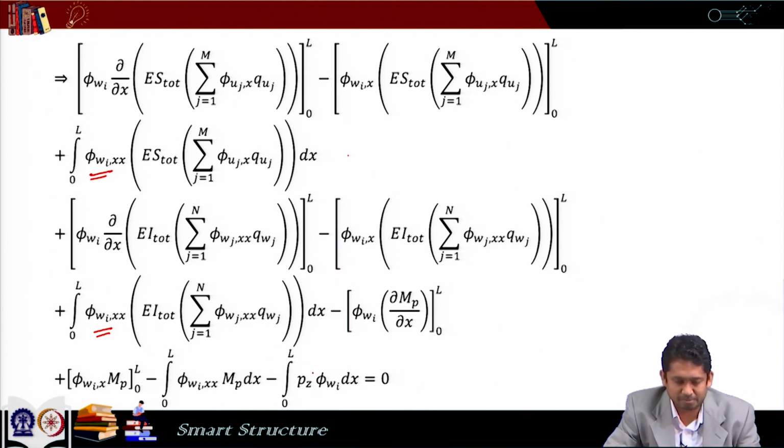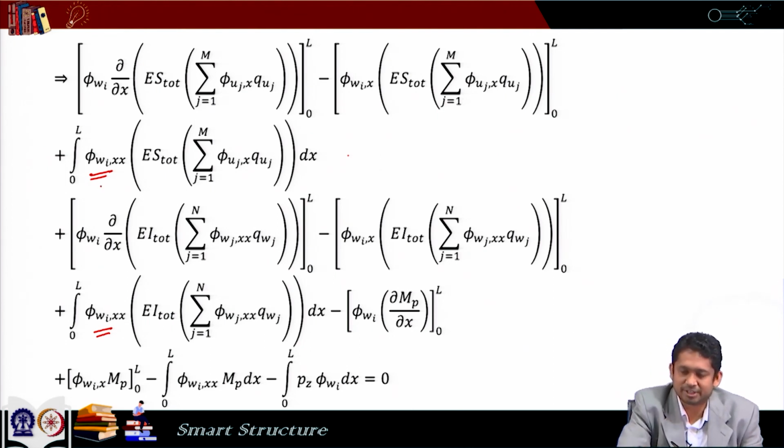Again, if we look at the boundary terms, those terms become 0. So, the boundary terms are this which has phi w, this which has phi w, this which has phi w, and similarly in the boundary term we have this as phi w.